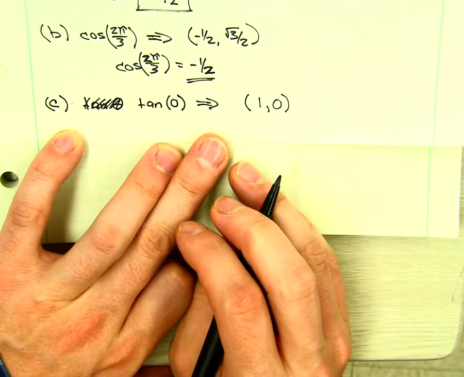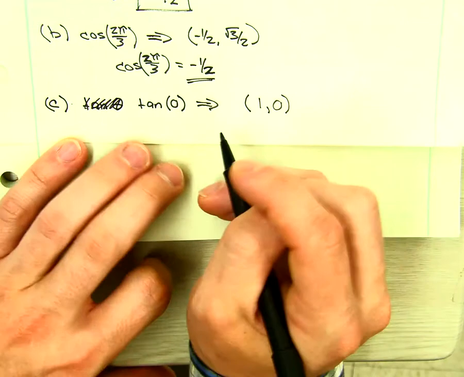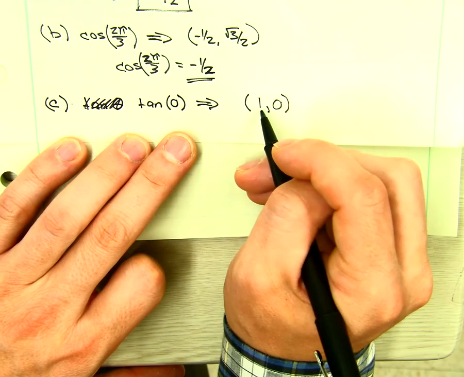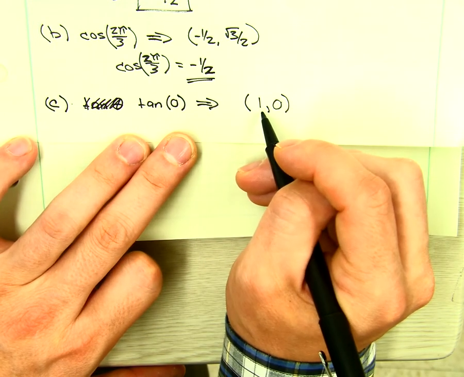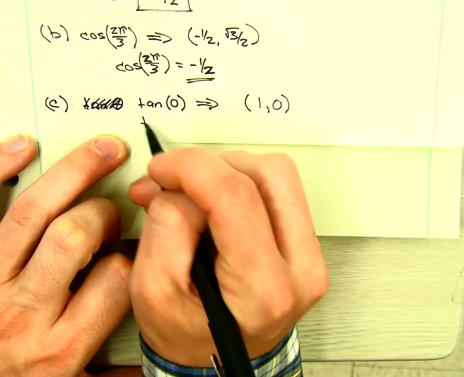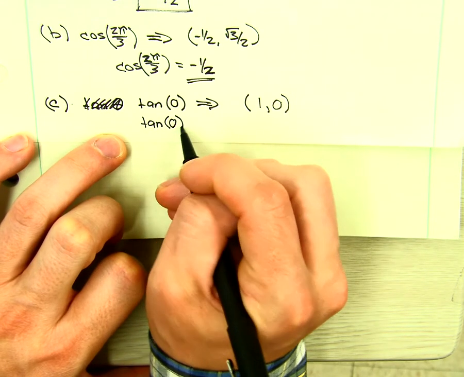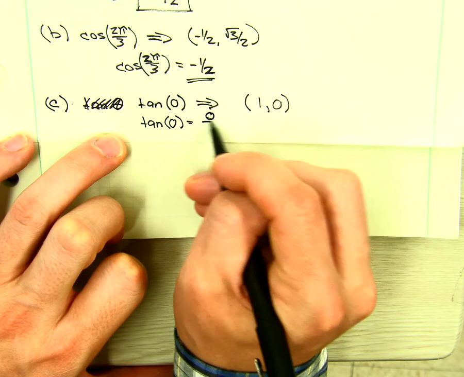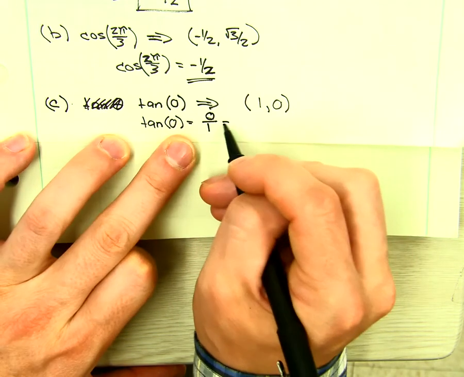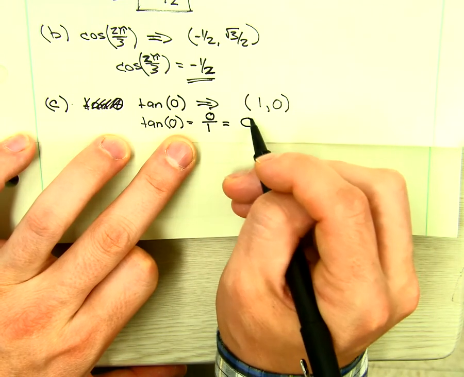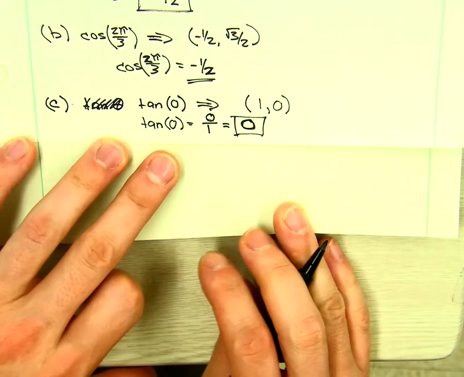It's right on the x-axis. So 1, 0, I remember that the tangent is y divided by x, or sine over cosine. And so I know that the tangent of 0 is going to be equal to 0 divided by 1, which is going to be equal to 0. And that's my answer. Just like that. Okay, moving on.